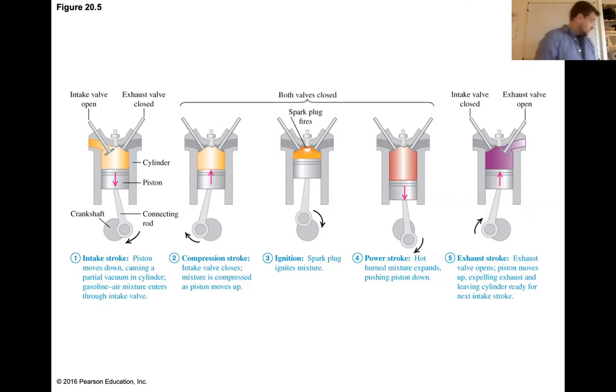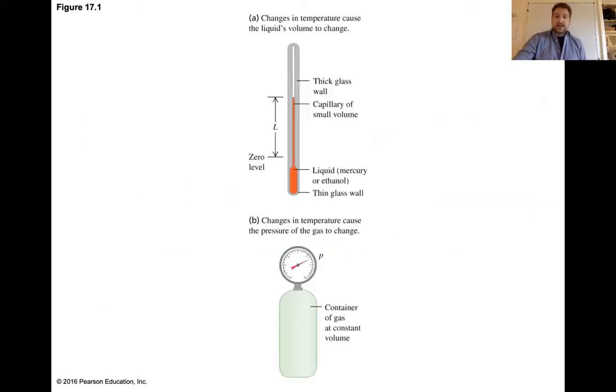We need a way to be quantitative, to measure the change in whatever property it is of that object, whether it's the space that it takes up, or it's electrical resistance, resistance to the flow of electricity, or whether it's the pressure that a gas exerts on the walls of a container.